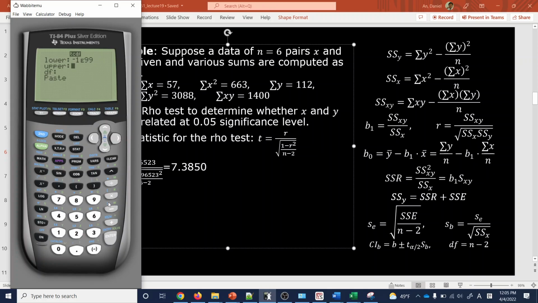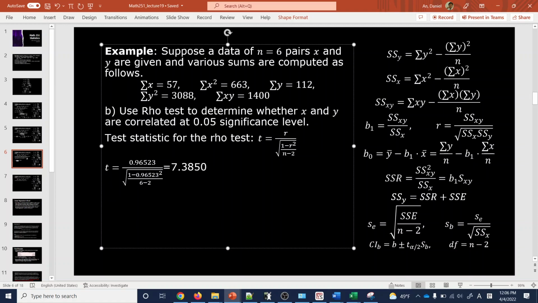So if I put 7.3850, and the degrees of freedom for us is 4, 6 minus 2 is 4. If we paste it, we see that 0.9991 is the area left of it, so the actual p-value is 1 minus the above answer, which is 0.000896.